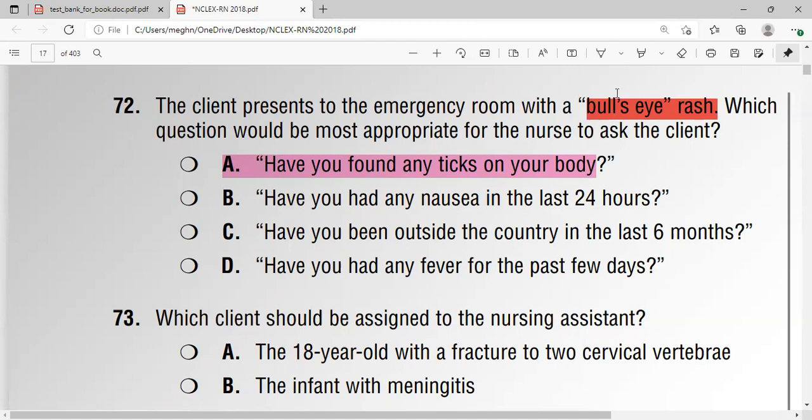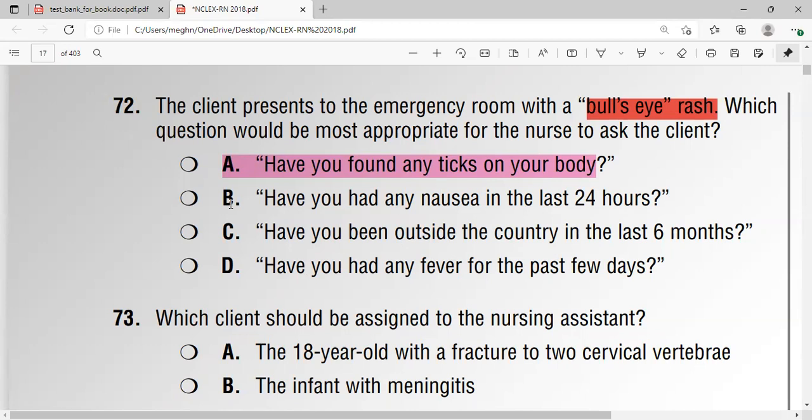And the rash is supposed to look like a bull's eye. Again, I'm repeating, the signs and symptoms include temperature, headache, nausea, and a characteristic skin rash.